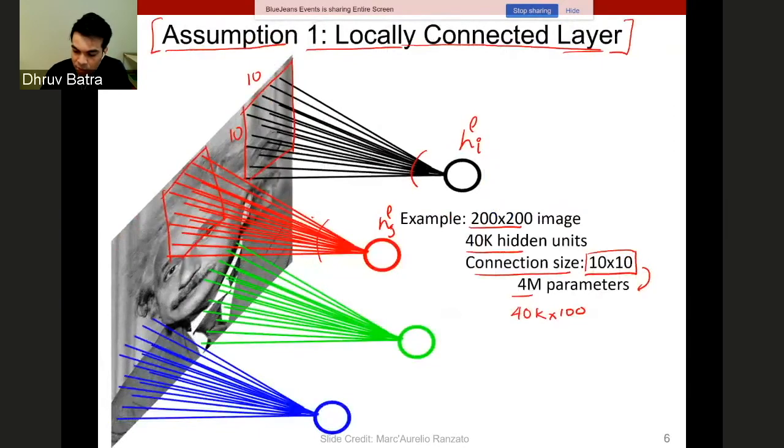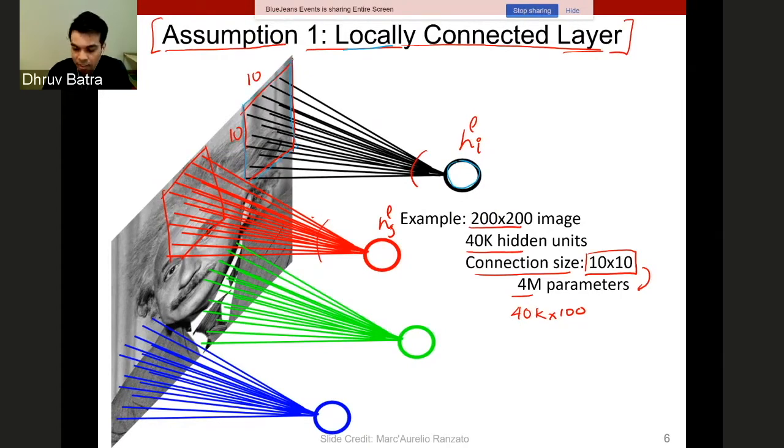So what we said was that if we can make a couple of assumptions, those are in a lot of cases reasonable assumptions when you're dealing with spatial data. They are not perfect, they're not always true, but they have demonstrated their value across a range of applications. And those assumptions are, let's make sure that every hidden neuron is not connected to every pixel in the previous layer, but has local connectivity.